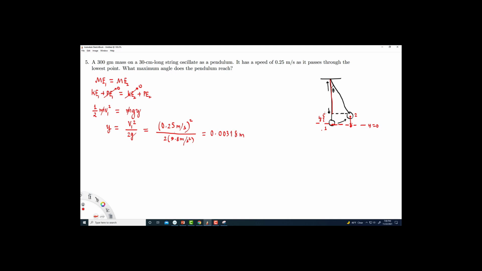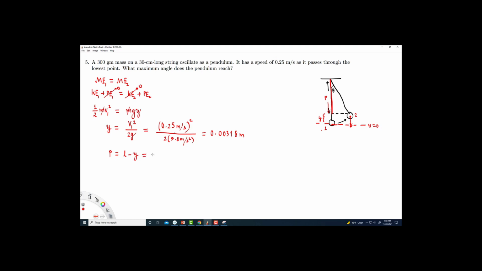So that's this y. Now to find this distance from the top to this point, let's call that p, okay, that distance. So p would be this length of the pendulum minus this distance y.